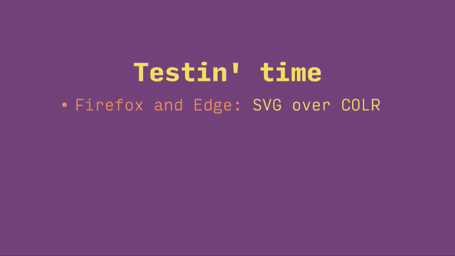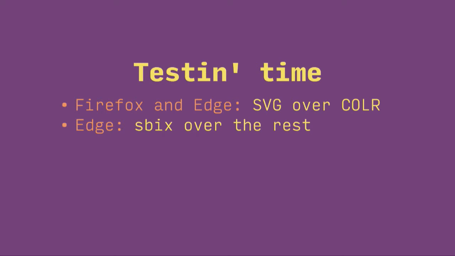Threw it at some browsers, and here are some random conclusions. Firefox and Edge, they will take the font and they will prefer SVG over color if they are both in there. And Edge will take SBIX over the rest. Because Edge, by the way, supports all of them, all four formats, so that's pretty nice.